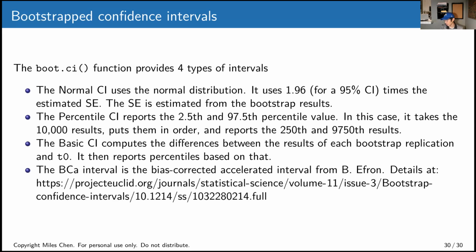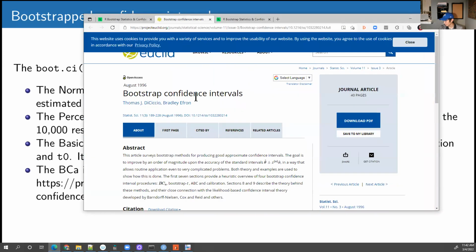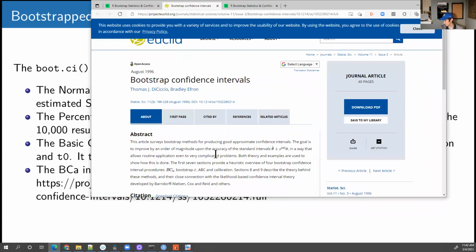And then you have the basic confidence interval and the bias corrected accelerated interval, which I don't really know what that is, but you can read about it. I think here's the article, Bootstrap Confidence Interval by Brad Efron, to talk about what exactly the thing is, and you can read this article here.